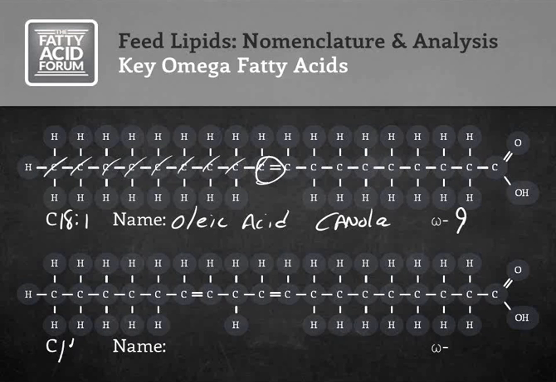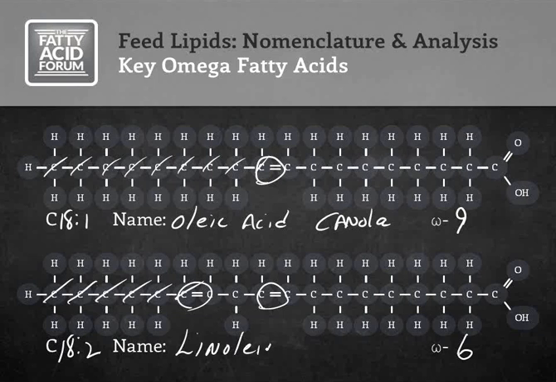Another example at the bottom, the one at the bottom is the most common unsaturated fatty acid that a cow consumes every day. Again, 18 carbons in the chain, but now we have 2 double bonds. C18:2, omega 1, 2, 3, 4, 5, 6. It's an omega 6 fatty acid and goes by the name linoleic acid.